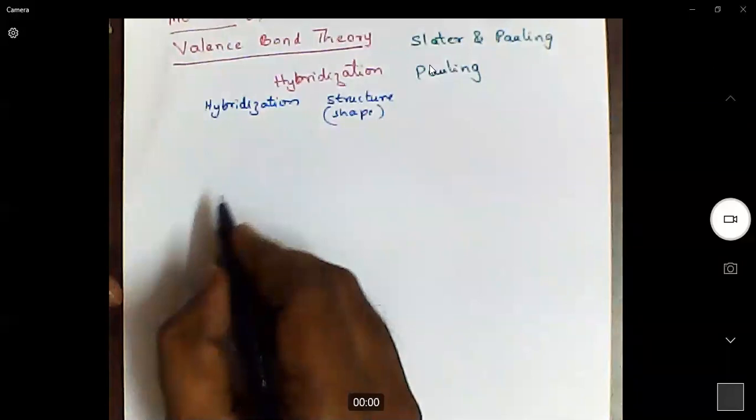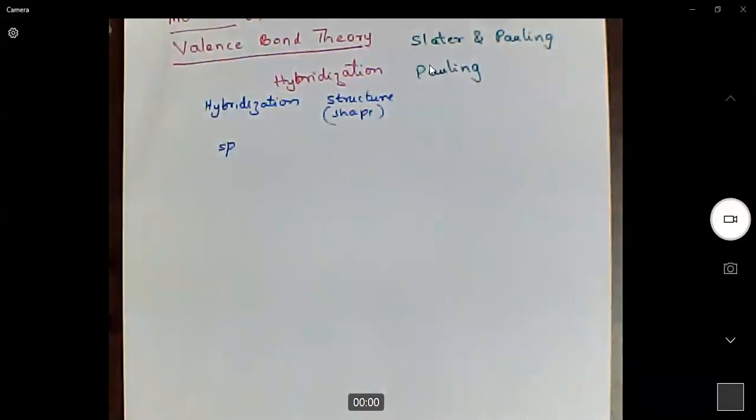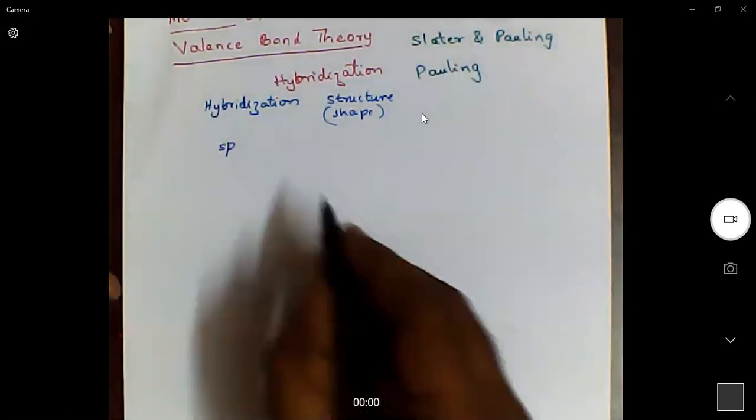When we have sp hybridization, that means it involves one s orbital and one p orbital.